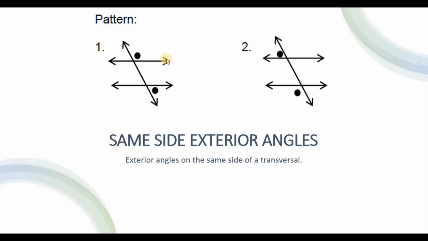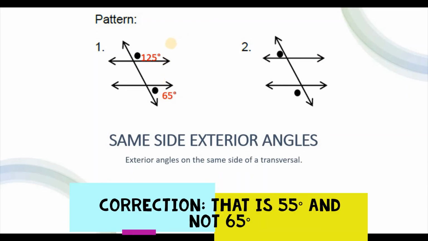And let's say this angle measures 125 degrees. What is the measurement of this angle? It measures 65. Oh, this should be 55 degrees. Okay, it measures 55 degrees.